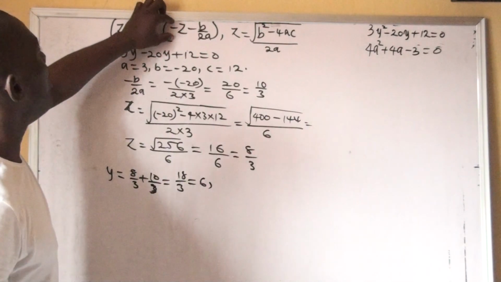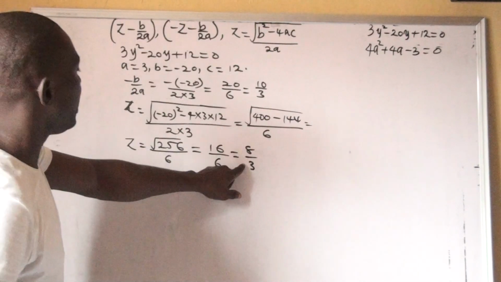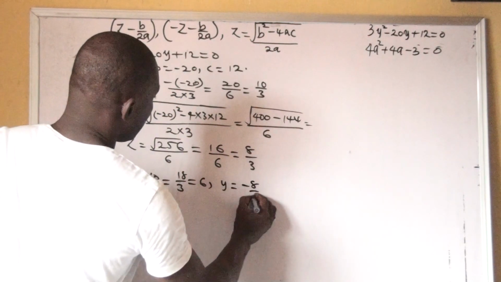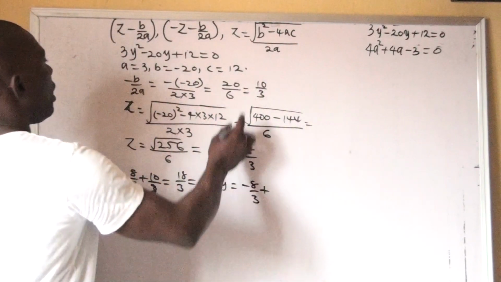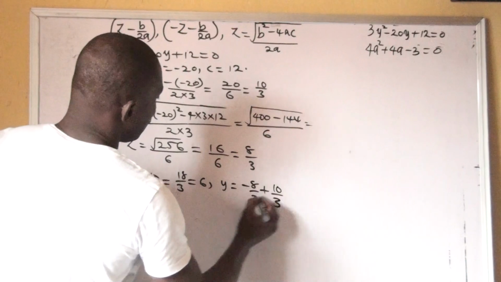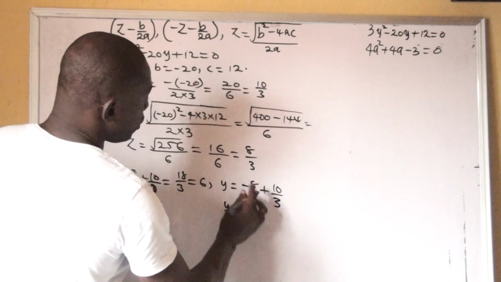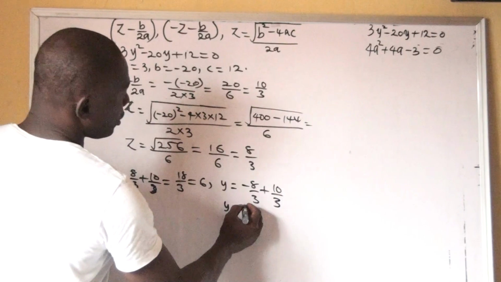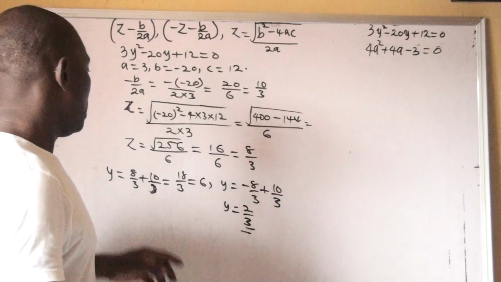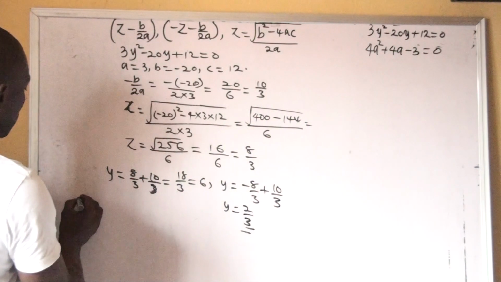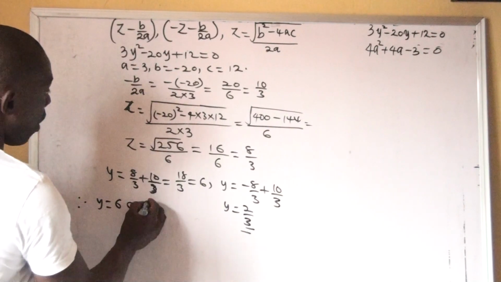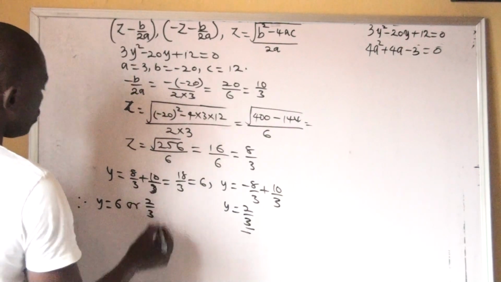To obtain the other, we multiply z by a negative sign: minus 8 over 3 plus 10 over 3, so y is minus 8 plus 10, that is 2, which gives us 2 over 3. So the roots of the equation are y equals 6 or 2 over 3.